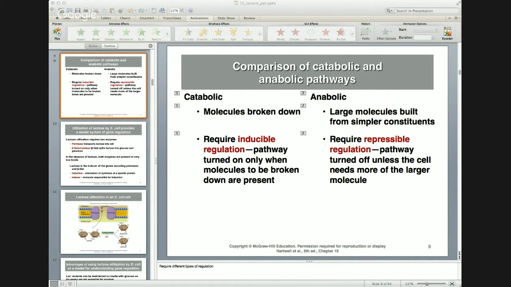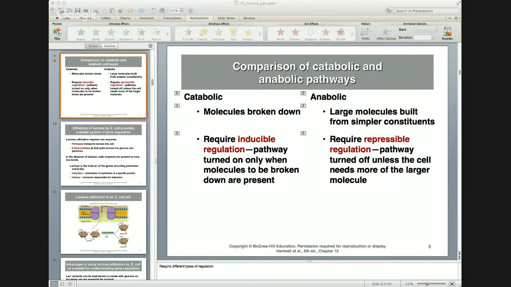A repressor that is unable to bind the operator site would allow for continuous expression of the LAC Z, Y, and A genes. So these genes will be expressed in the absence or presence of the inducer lactose. Regardless of whether or not lactose is present, these three genes would be expressed.